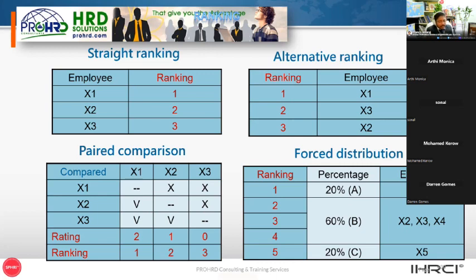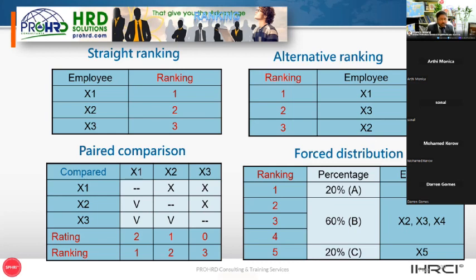So ranking methods compare one employee to another. How can you compare apple to orange? Both have to be apple, no? Okay, jokes apart. Resulting in an ordering of the employees in relation to one another is very important. Ranking often results in overall assessments of the employees rather than specific judgments about a number of job components.